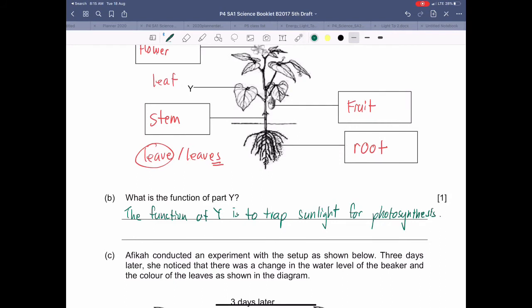If in the exams you cannot spell photosynthesis, you may use make food for the plant. However, I stress again, this term photosynthesis is required when you reach upper level. I suggest you learn it now.